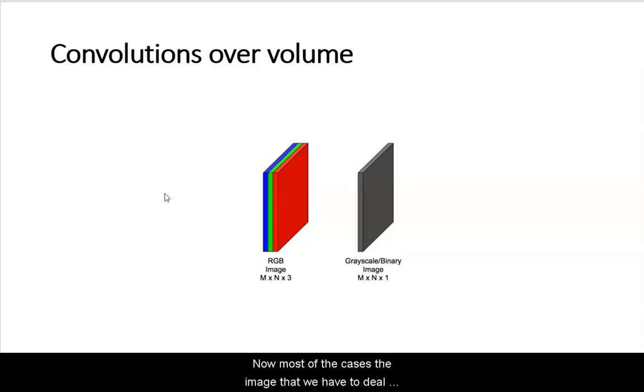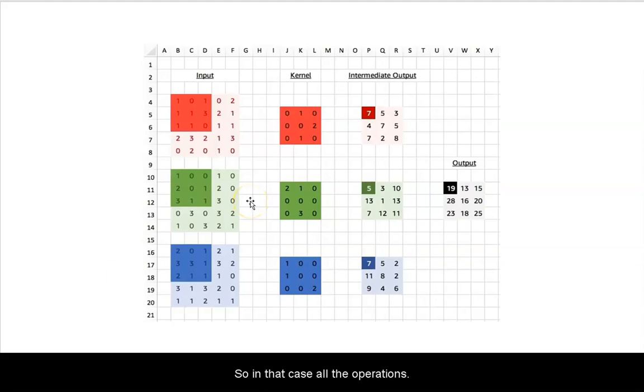Now, in most cases, the image that we have to deal with is an RGB image, or an image with a depth of 3. In that case, all the operations are the same. The only thing is that they now have to be done on the red channel, the green channel as well as the blue channel, and then merged as an output.